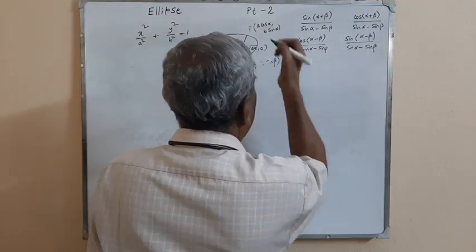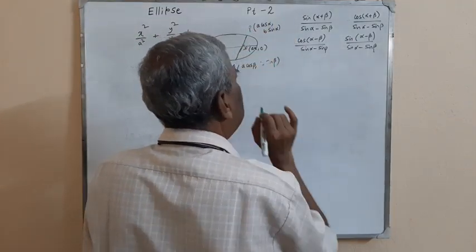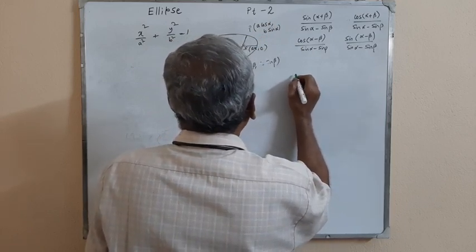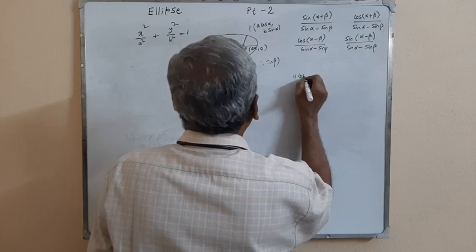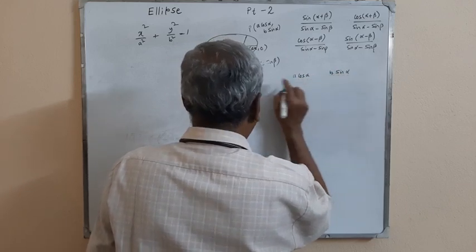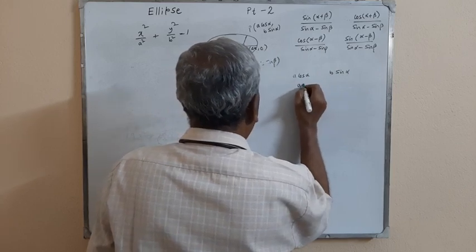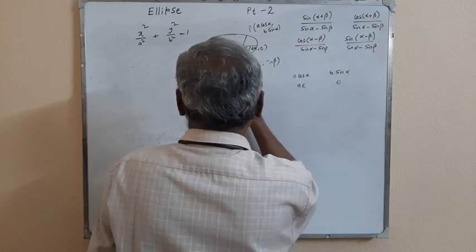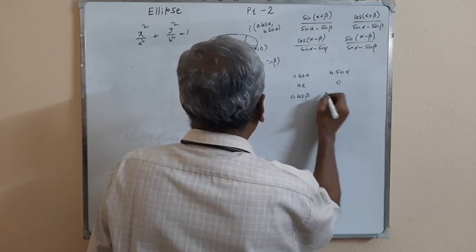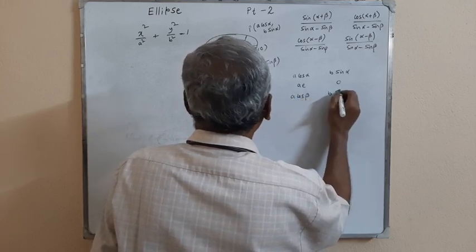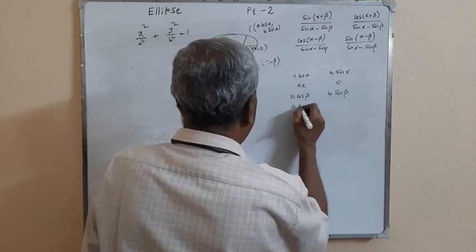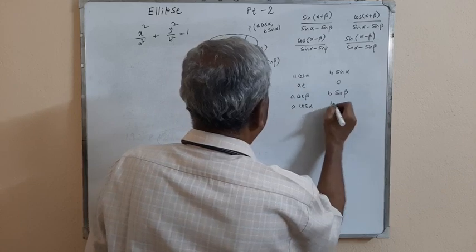The area of triangle PSQ is 0, so it can be obtained from this fact. Coordinate of P is a cos alpha, b sin alpha. Then S is ae, 0. This is a cos beta, b sin beta, and repeat the first one again, a cos alpha, b sin alpha.